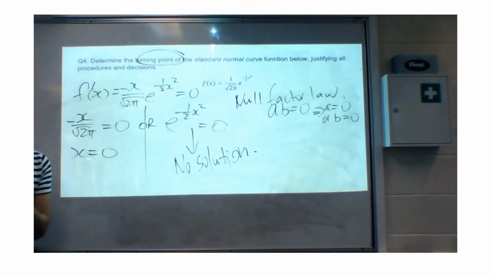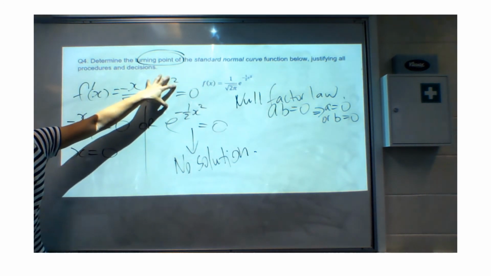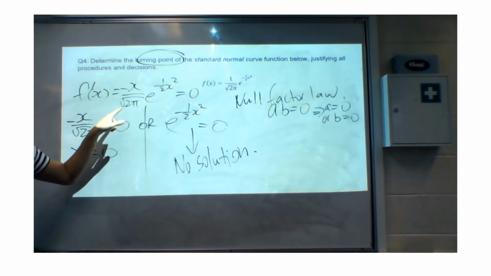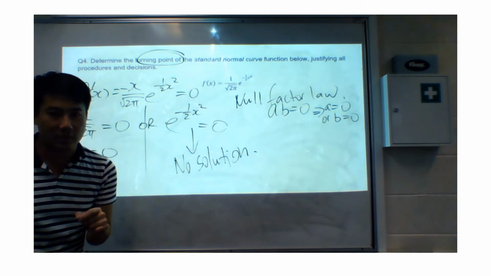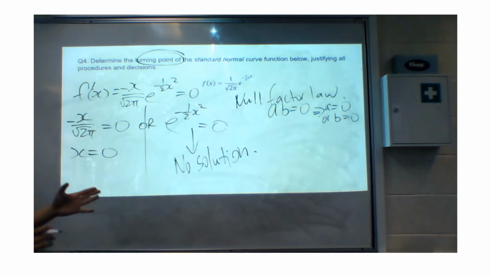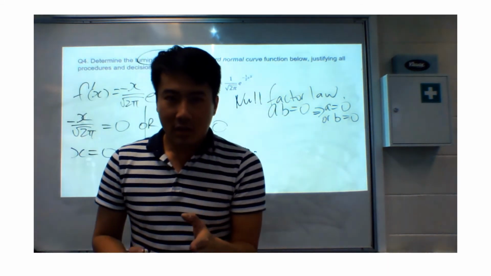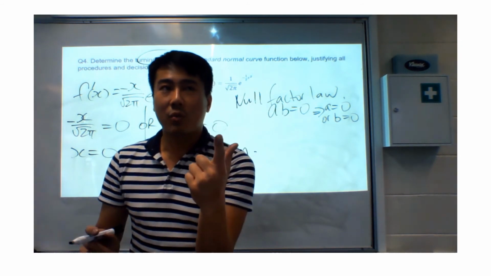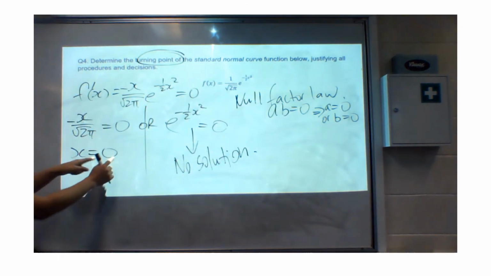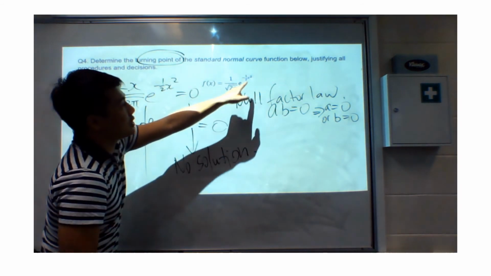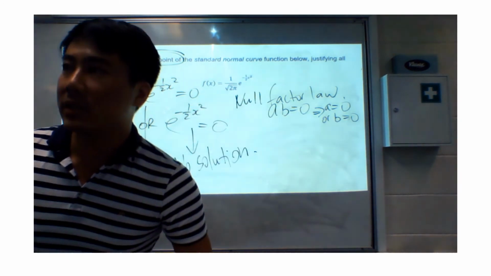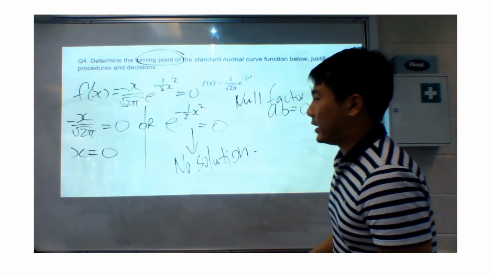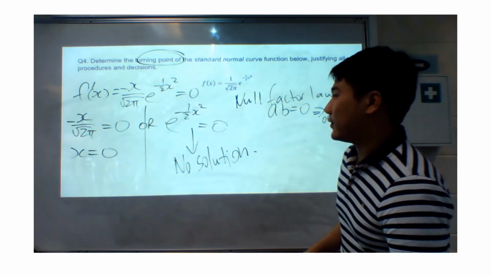And that turning point would be at 0, because this bit can't equal 0, this bit can be 0. And there's only one turning point at x equals 0. Are we done? We're nearly there. We need x and we also need y. So we sub this back into the original equation, and then we will know what y is, or what f of 0 is.